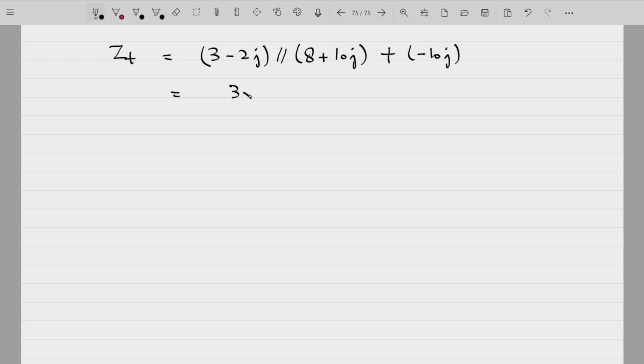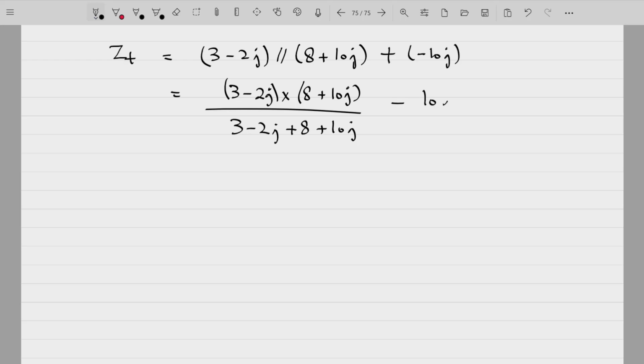So this is simply (3 minus 2j) into (8 plus 10j), divided by (3 minus 2j plus 8 plus 10j), minus 10j.